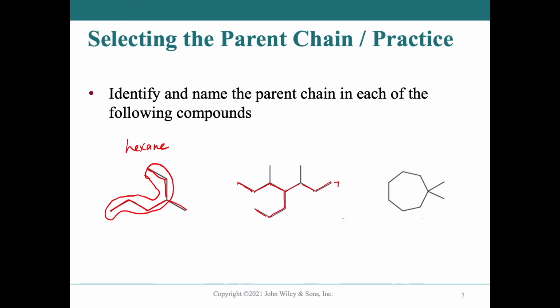How about 1, 2, 3, 4, 5, 6, 7? Right? 1, 2, 3, 4, 5, 6. Can't be that. So we have a lot of 7s here, right? So already we know that there's going to be some kind of heptane, right? Because the longest carbon chain is 7 long.